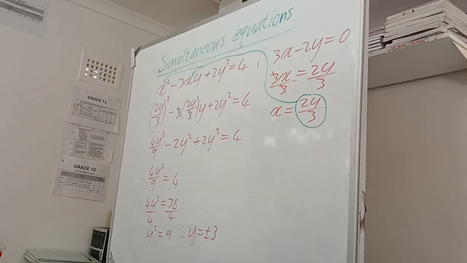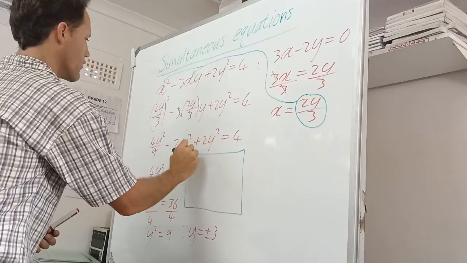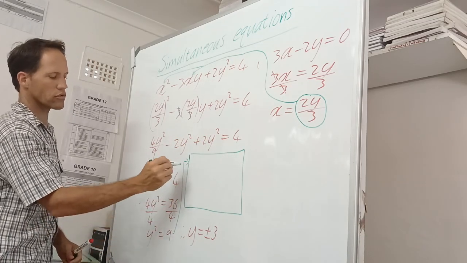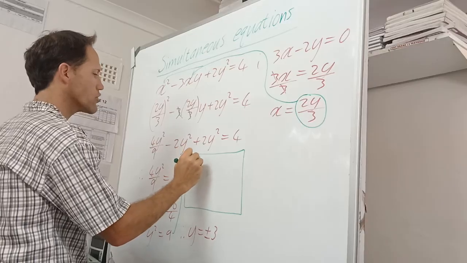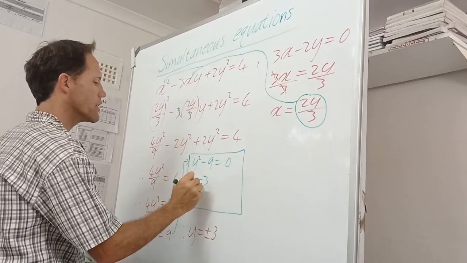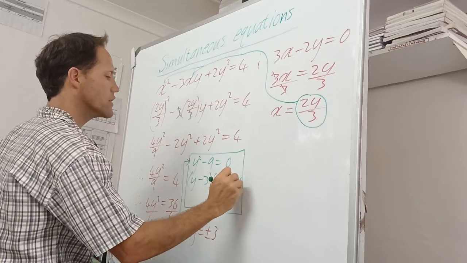Another way to do this last part, if I can put in a little block for you here, you could have also said, y squared equal to 9. You could have said, take it over, y squared minus 9 equal to 0, which means y minus 3, y plus 3 equal to 0.